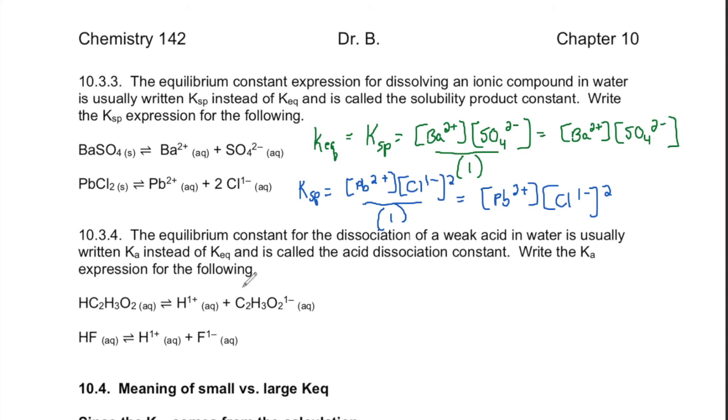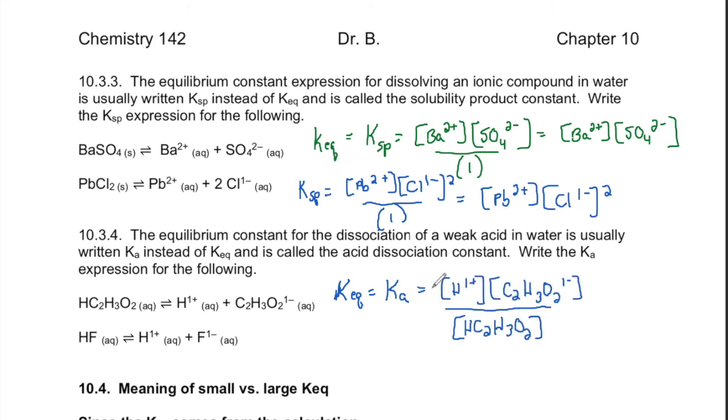And so you reach a steady state and you have an equilibrium, which in this case is called an acid dissociation constant, to show how much the acid dissociates into ions. And in this case, for acetic acid, the acid dissociation constant expression would be the concentration of hydrogen ion times the concentration of acetate ion over the concentration of the acetic acid molecule that stays together.